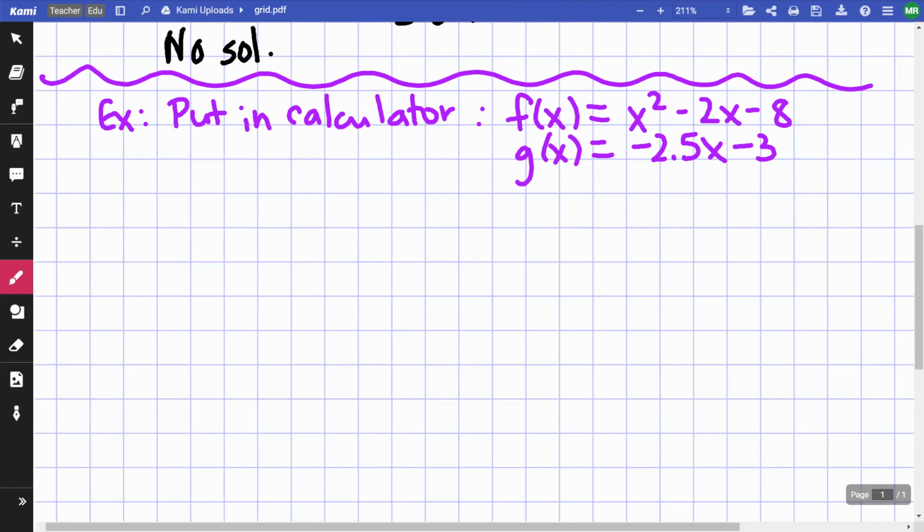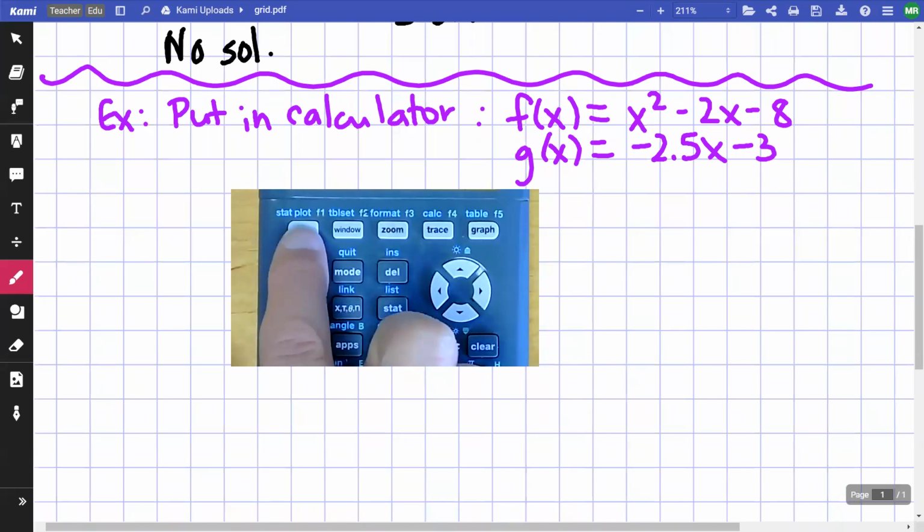Does everyone know how to put these into the graphing calculator? So I'm going to change the screen for a second so that you guys can see how to do this. So let's see. The y equal button is right here.